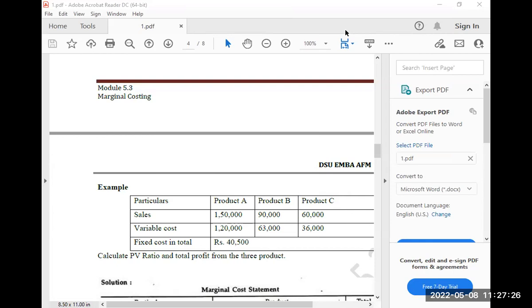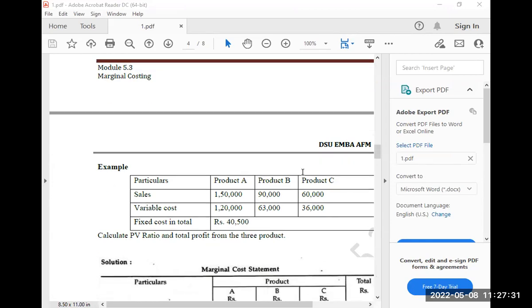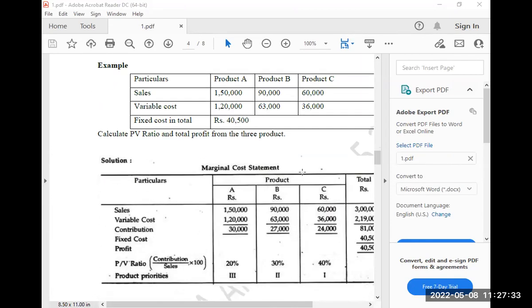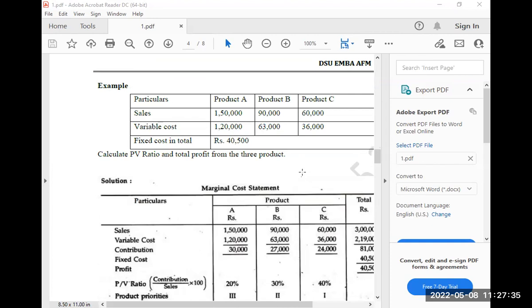Similarly, for product B, compute the PV ratio. The difference between sales and variable cost is equal to contribution, that is 90 minus 63. That's equal to 27,000. 27,000 divided by 90,000 into 100.